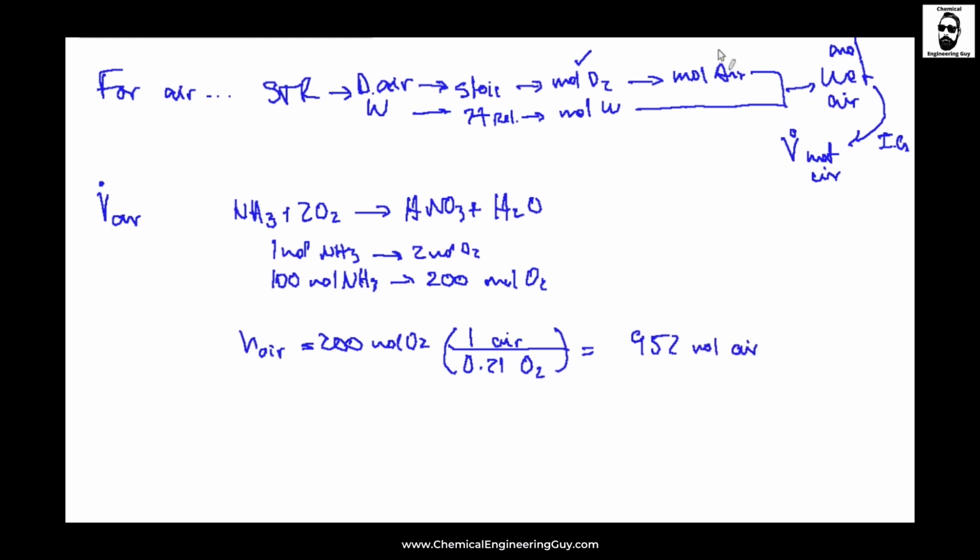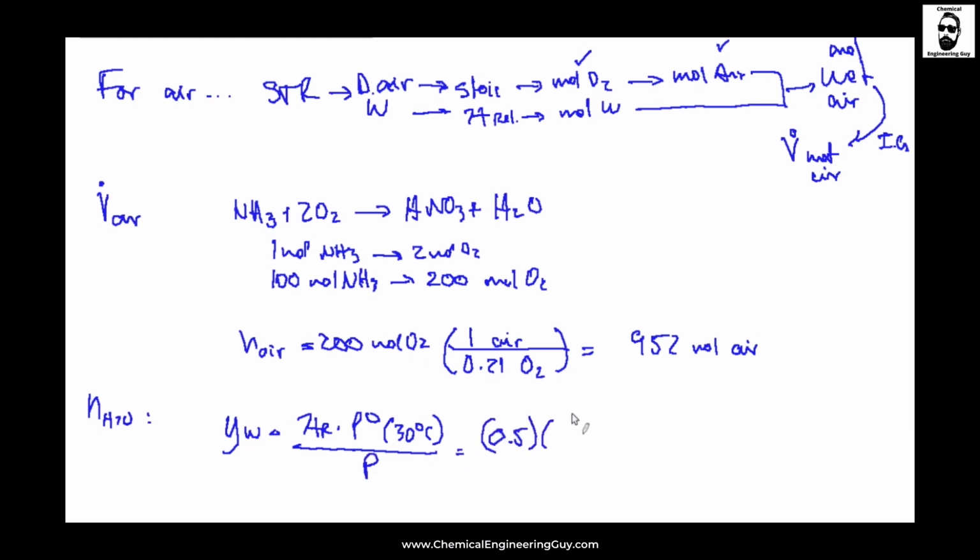Now we are here. We cannot proceed. We need to go to the water info. So moles of water will be calculated from the humidity times vapor pressure of water at 30 Celsius. Take care about that. Divided by pressure. So the humidity is 50%. This pressure, I found it in books, 31.8 millimeters of Hg, divided by pressure, which is 760 millimeters of Hg.